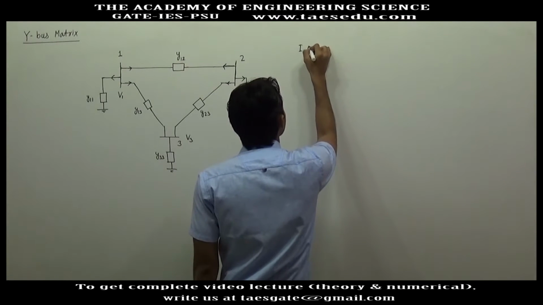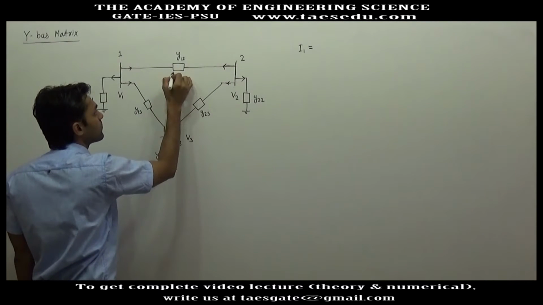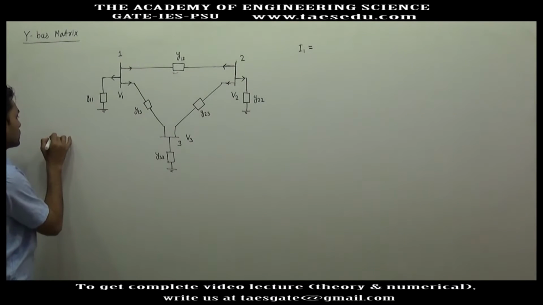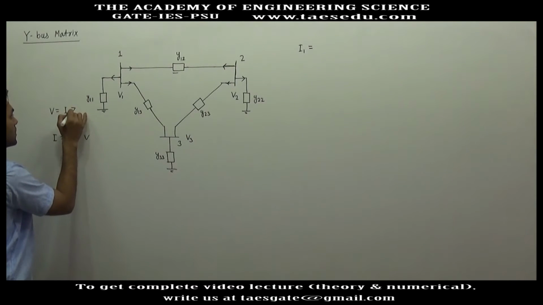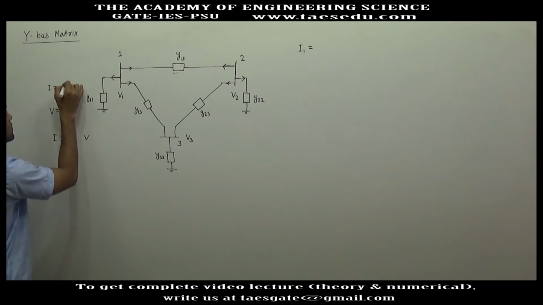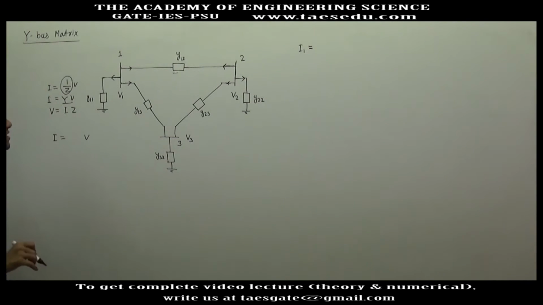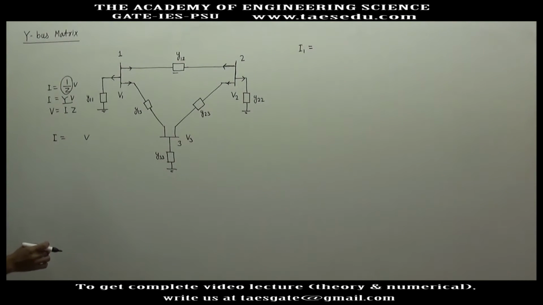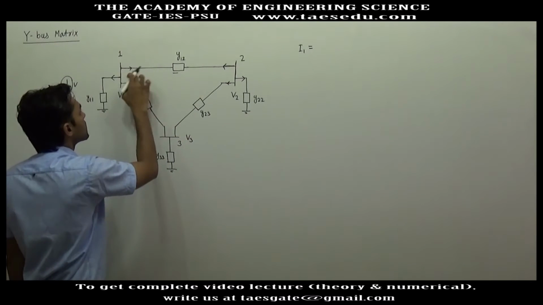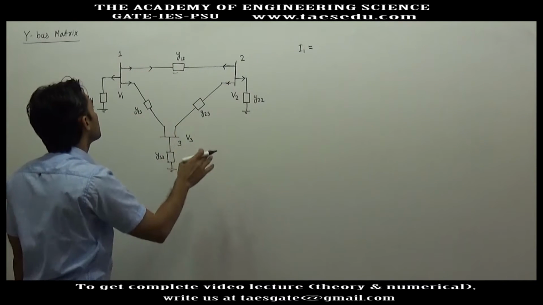Now what will be I1? If the voltages at two buses are known and the admittance is known, what will be the current in terms of voltage? Voltage is nothing but I into impedance. So I will be 1 upon impedance into voltage, and 1 upon impedance is admittance. So I is admittance into voltage or voltage difference. If the reference is taken for bus 1, the reference of current is taken left to right.